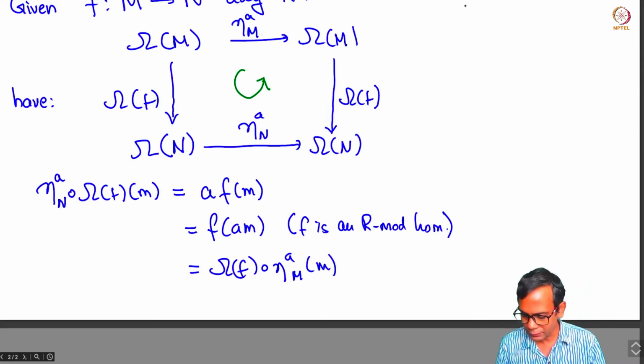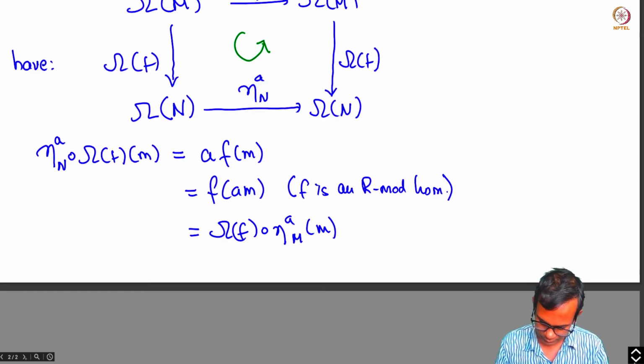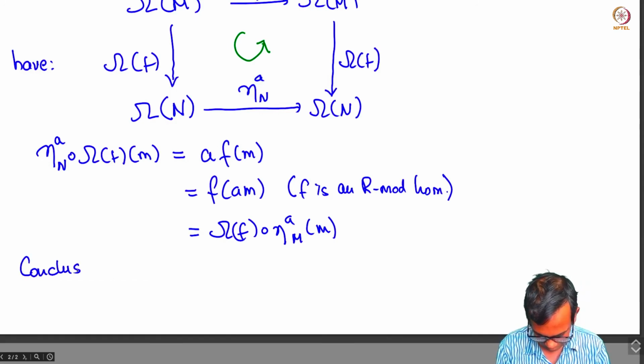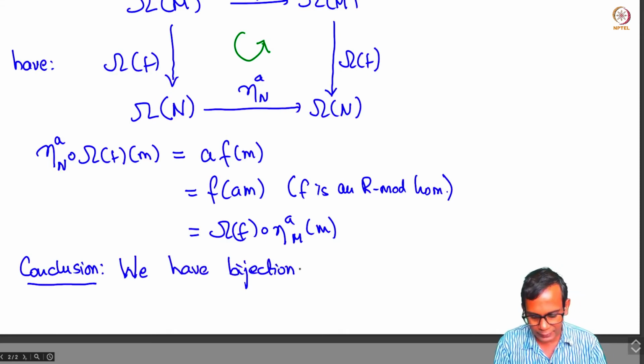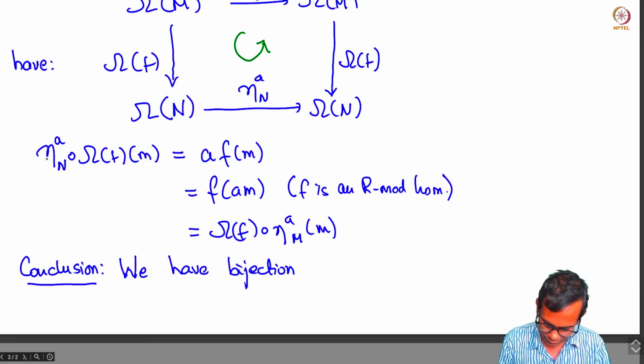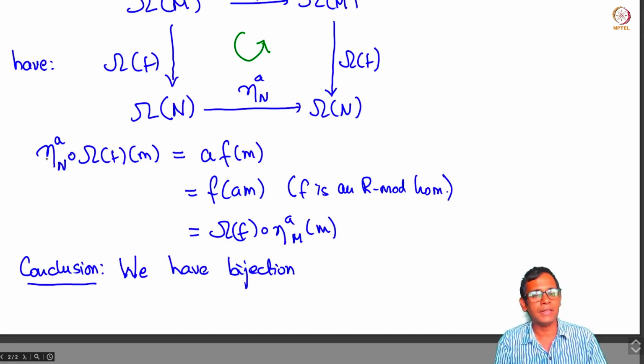So we've constructed a bijection. Clearly eta a of R, evaluated at 1, is a just by definition, so this is the inverse of eta goes to a.